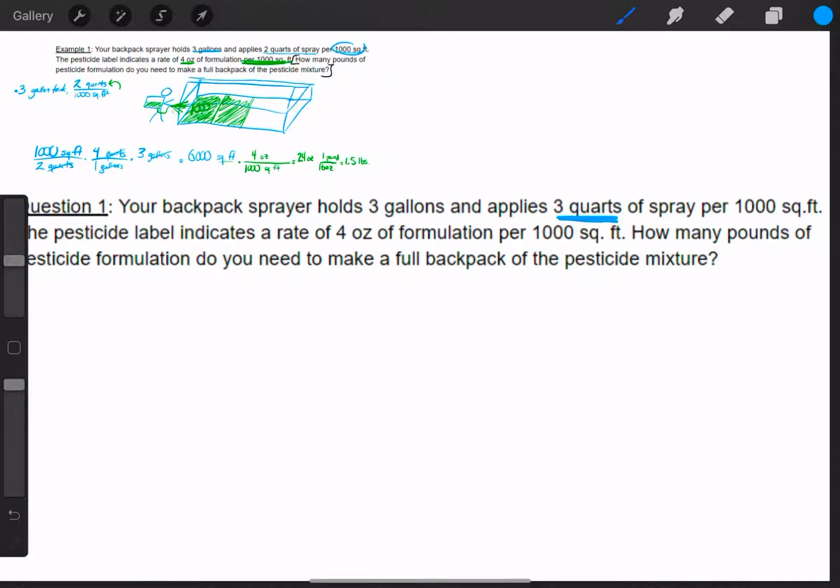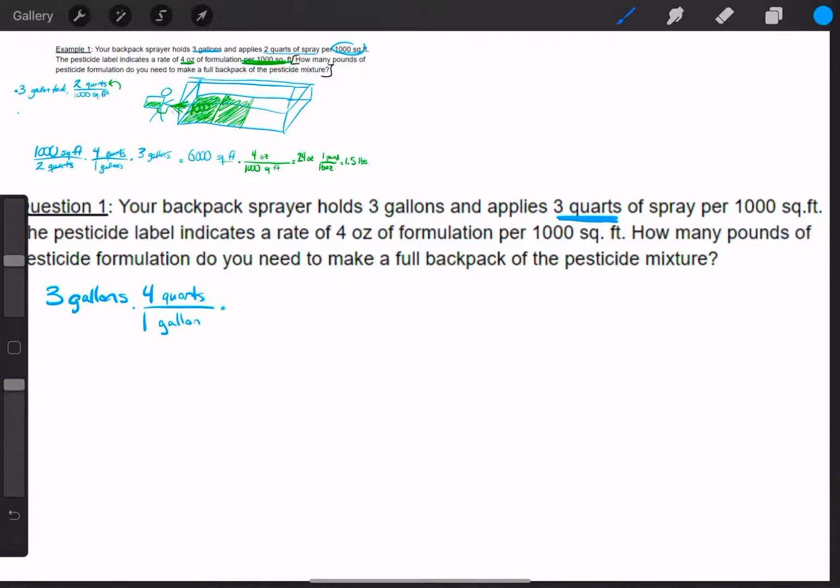I'm going to switch around the beginning a little bit and start from the fact that we have a 3-gallon sprayer. I'm going to multiply that by 4, right, to turn it into quarts. I got 4 quarts per 1 gallon.